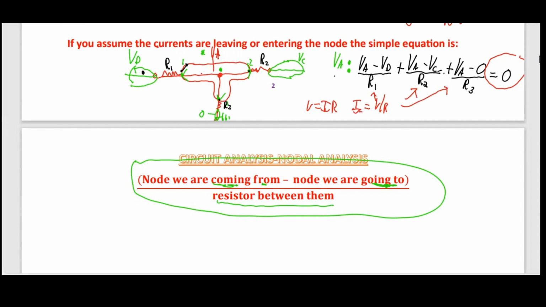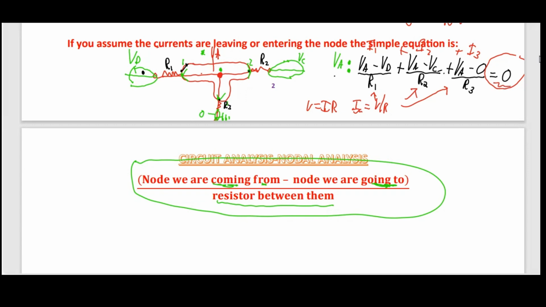So if this was I1, this was I2, and this was I3, if you add up all the currents, you're supposed to get 0. Because the sum of the currents entering a point must equal 0. Or in normal terms, the sum of the current going in must equal the sum of the current going out. That is why you must put this equal to 0 part at the end.